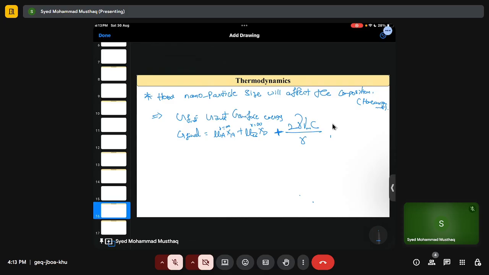Okay. Now what is my G final? Or I can write it like this. Right? So if I write everything in terms of NA, that will be much easier.